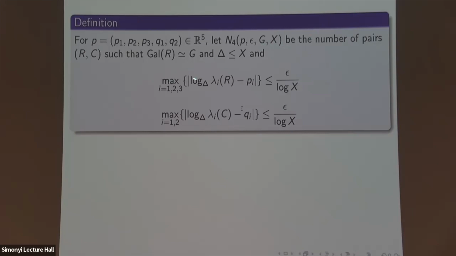This is going to be the number of pairs R, C, such that the Galois group of R is G, the discriminant is bounded, and the successive minima of the quartic ring R are close to P1, P2, P3, and the successive minima of the cubic ring C are close to Q1, Q2. So I'm prescribing the successive minima of the quartic ring and the cubic resolvent. That's what I'm counting.